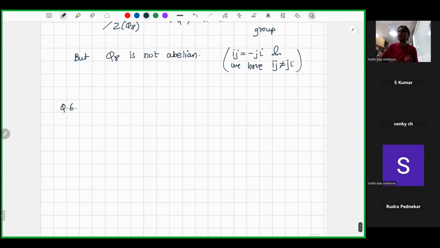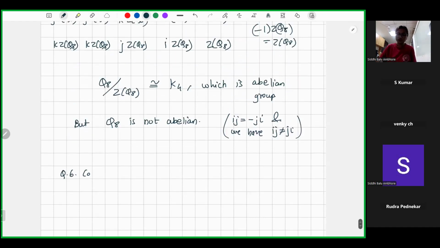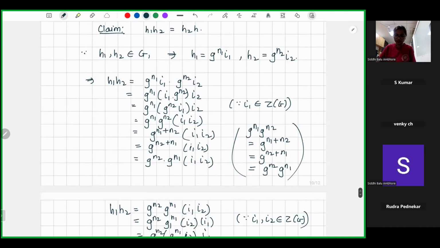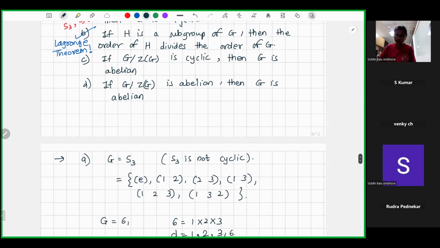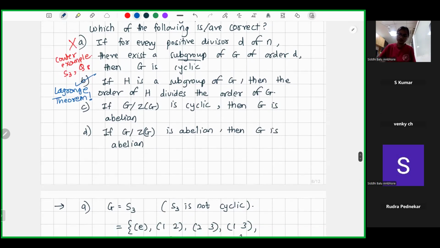Now this is the question here. We can try this question. I hope this is question 6, I don't remember. Okay, since we are here, note that this one is correct and this is not correct.